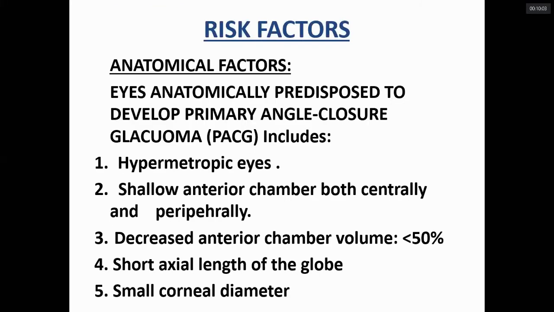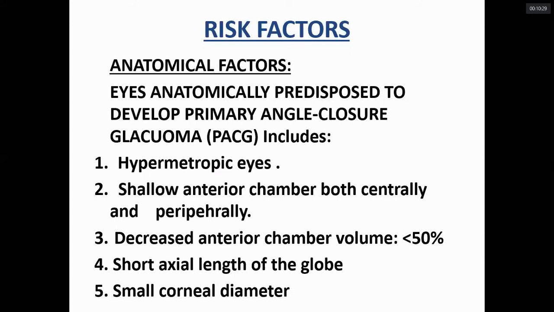So these are the risk factors, or anatomical factors, of eyes anatomically predisposed to develop primary angle closure glaucoma. Those patients who have these anatomical configurations, if there is a narrow flow of the aqueous, will develop primary angle closure glaucoma.